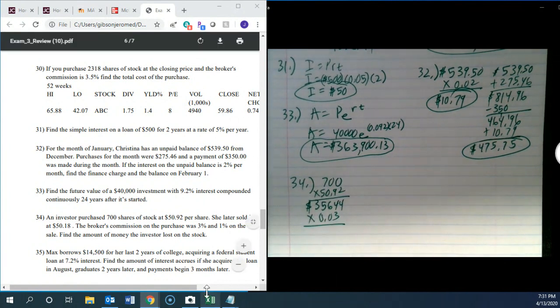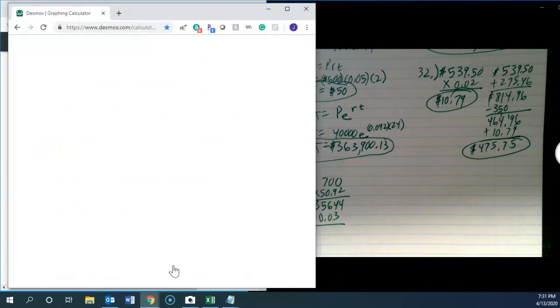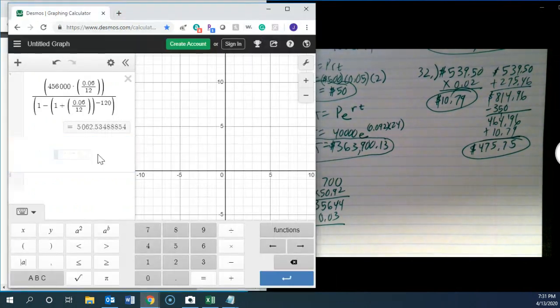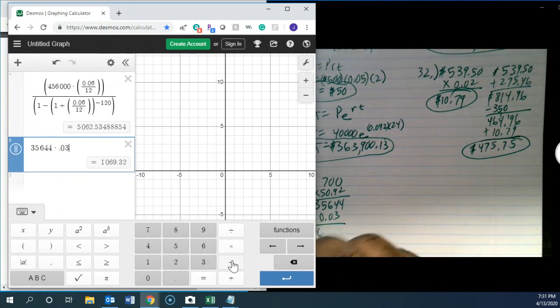We could take our calculator. So we will have 35,644 times 0.03, which will give us $1,069.32.